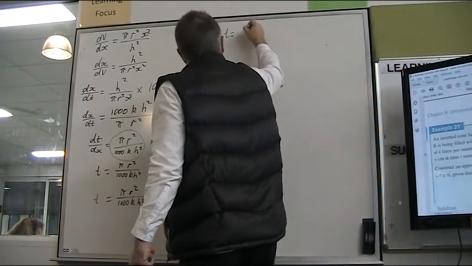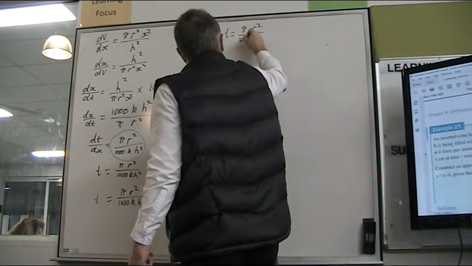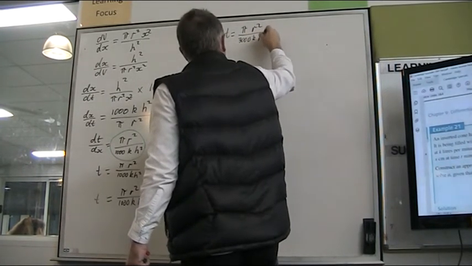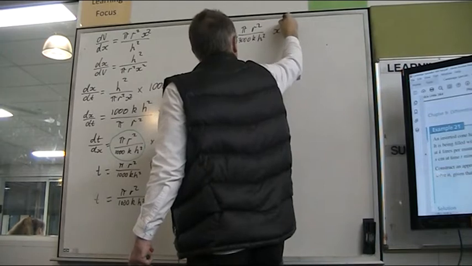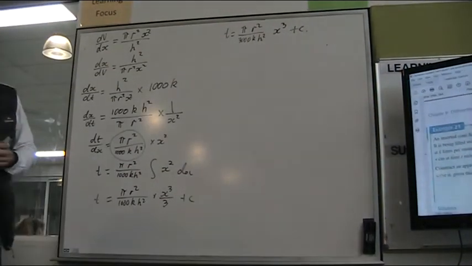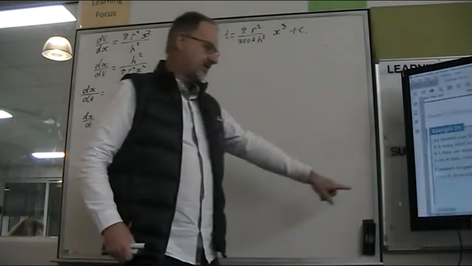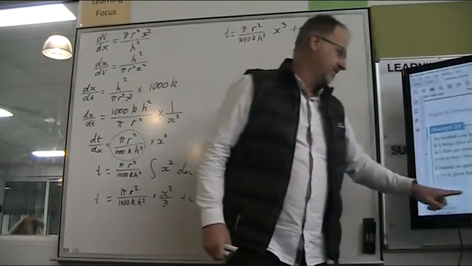So t equals πr² over 3000k h² times x³ plus some constant. All right, before I go any further, let's see, do we know information to find out what that constant is? Yes, we do. So construct the appropriate differential equation and solve it.